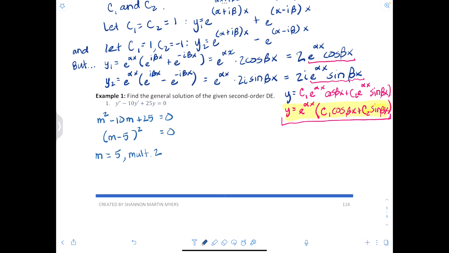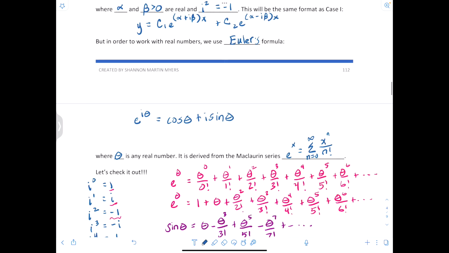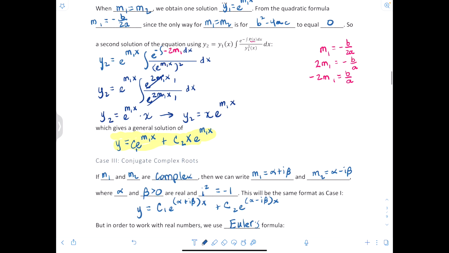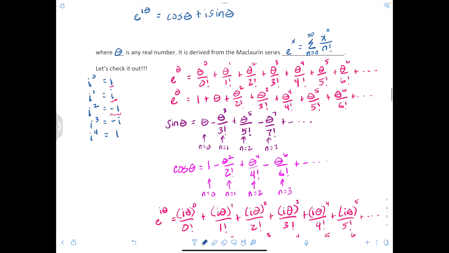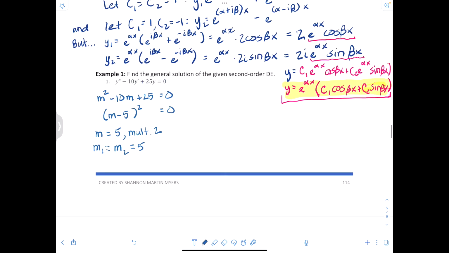So m1 equals m2 equals 5. So our general solution is going to follow that second case, our second highlighted area here. So the first one we would have just c1 e to the m1x, and then you multiply the next one by x.